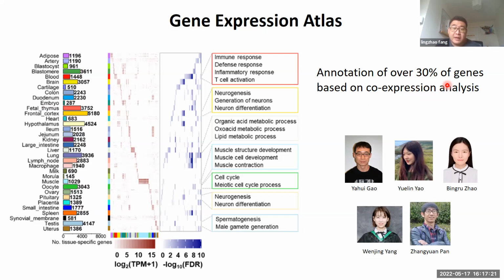Because we have many individuals in each of these tissues, we can do co-expression analysis both within tissue and across tissues, and assign these genes without annotation to genes already with annotation. After that, we can better annotate over 13% of the genes based on the co-expression network. So we used 5 different distinct clustering methods.